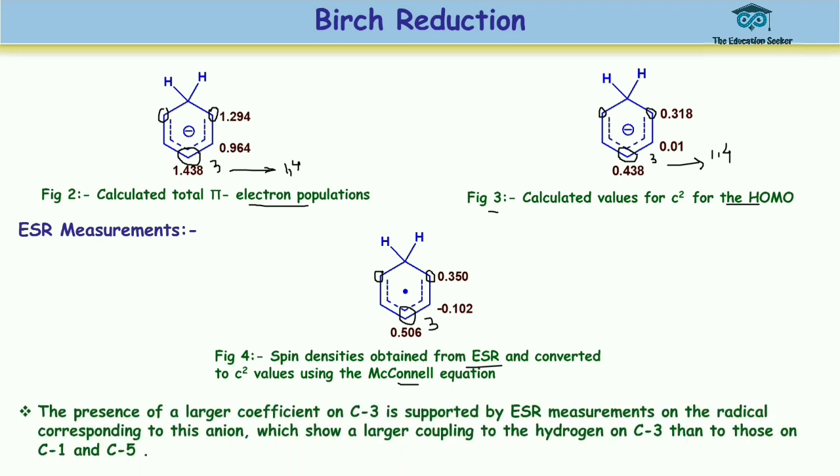The presence of a larger coefficient on carbon 3 is supported by ESR measurements on the radical corresponding to this anion, which show a larger coupling to the hydrogen on carbon 3, this hydrogen attached to carbon 3, than those on carbon 1 and carbon 5.